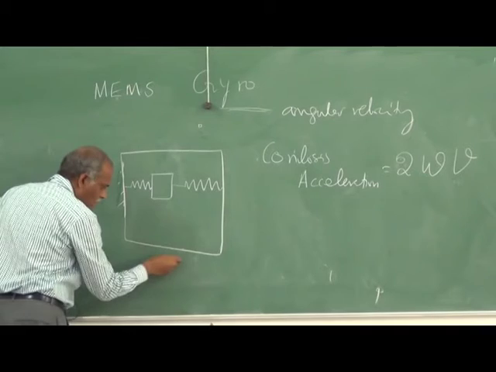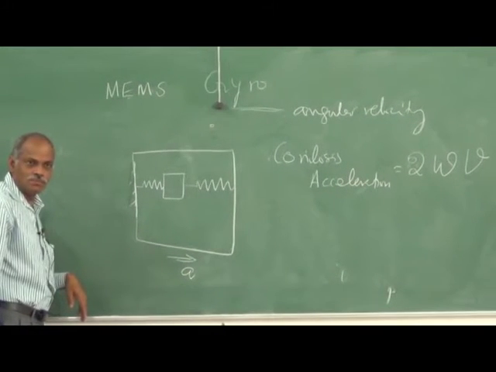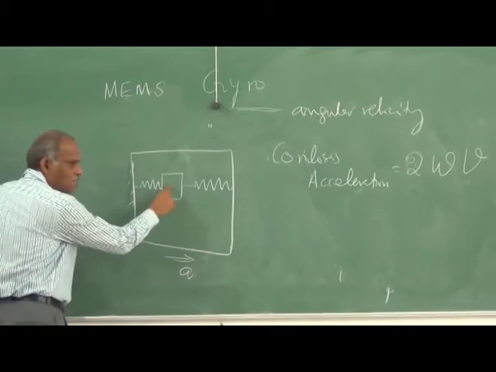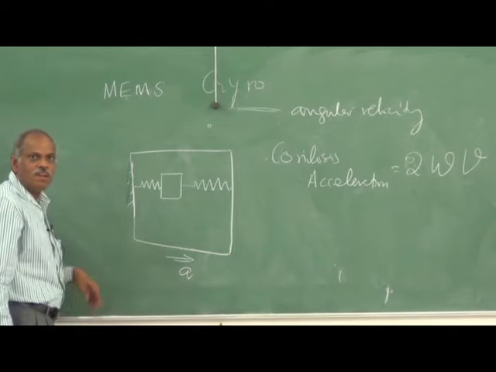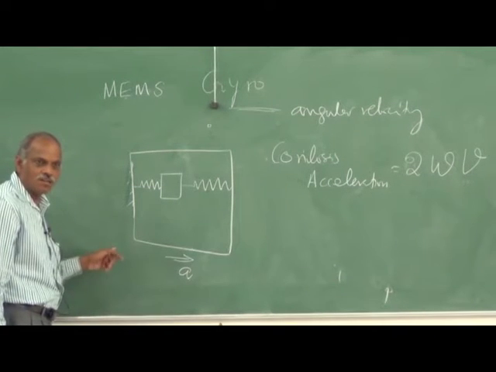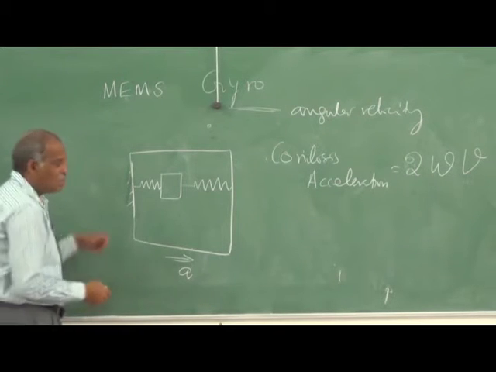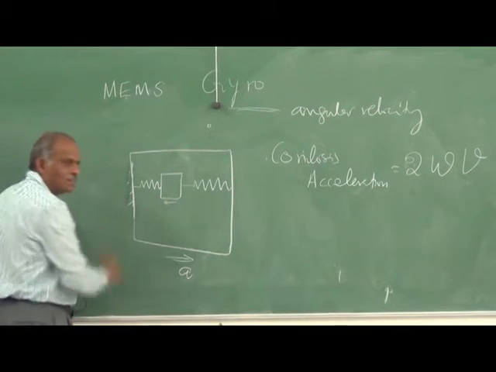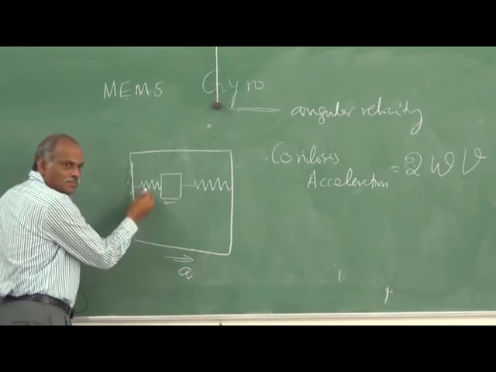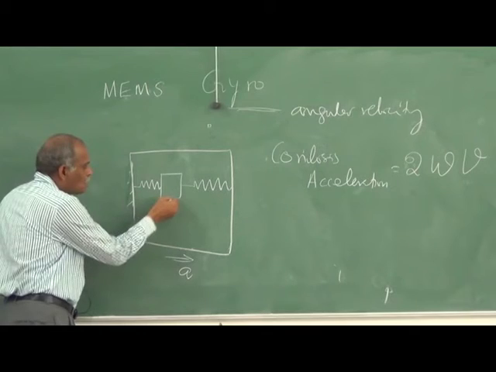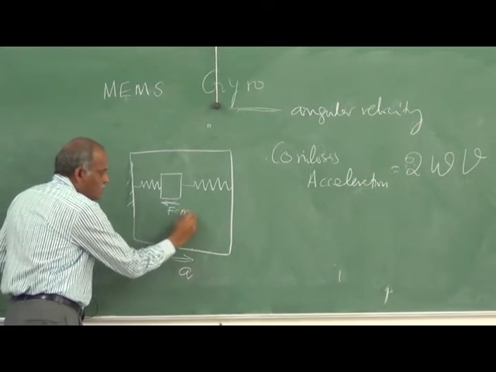The whole frame itself is subjected to an acceleration. What will happen is this mass, which is not attached to this frame, will resist this acceleration. It will not tend to accelerate, it will try to be stationary. So it will be subjected to a kind of an acceleration like this. Okay? So this spring will be compressed with a force that is equal to M into A.